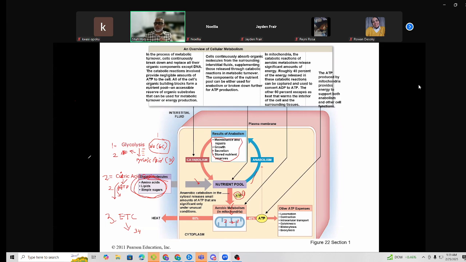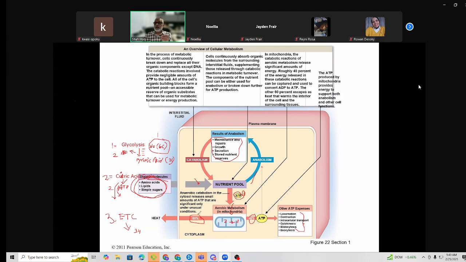And of these ATPs which are ultimately produced, only 40% are used for the cellular activities. 60% are not used. So we always make more ATP than our cell is requiring, or the whole body is requiring. And that has advantages, that we are living.